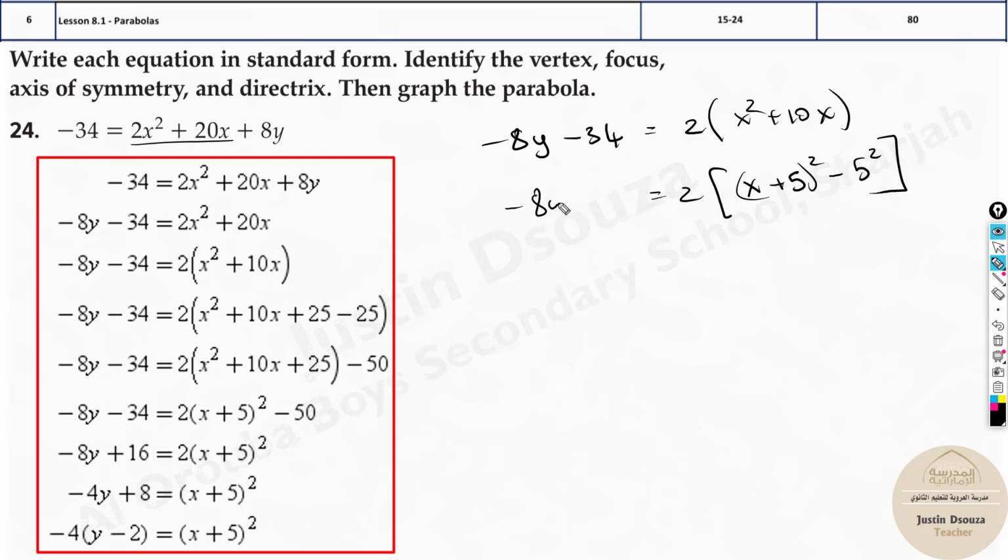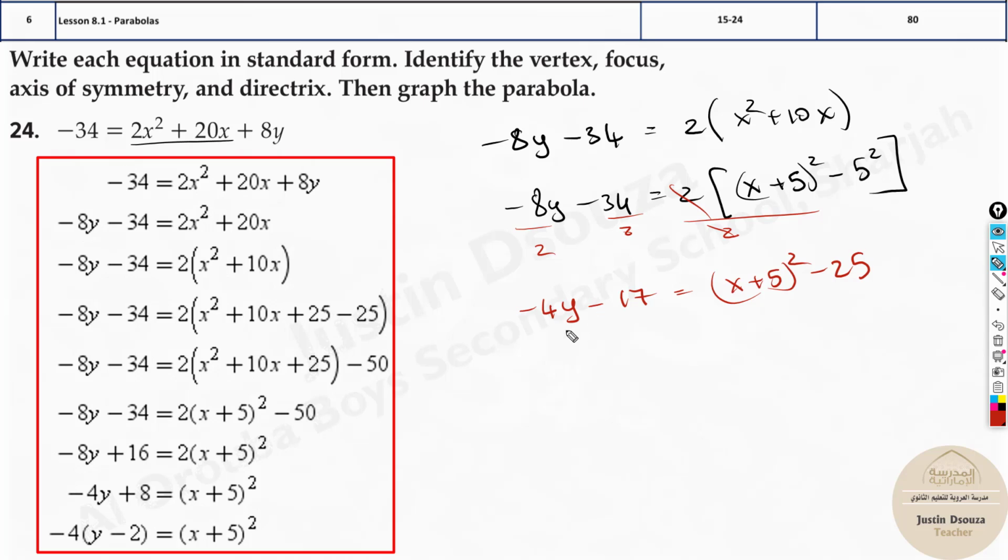Over here what we have? 8y minus 34. But what I'll do is I'll just divide everything by 2 throughout. So it's going to be minus 4y minus 17 is equal to, this cancels, x plus 5 the whole square minus 25.